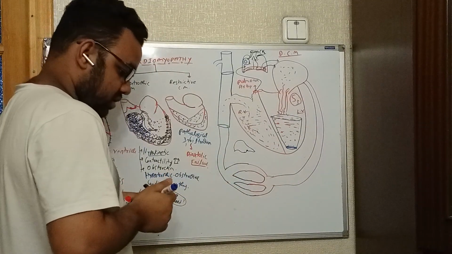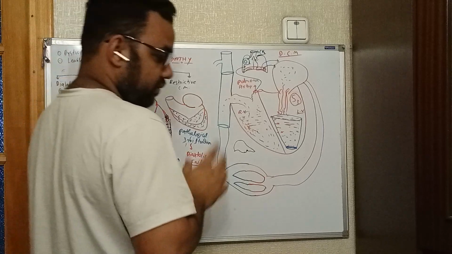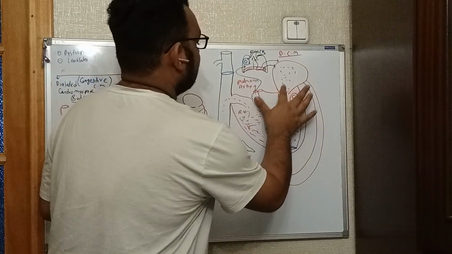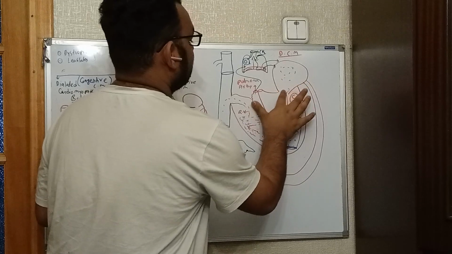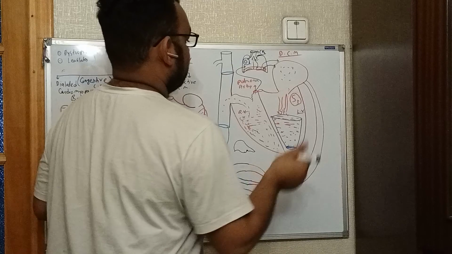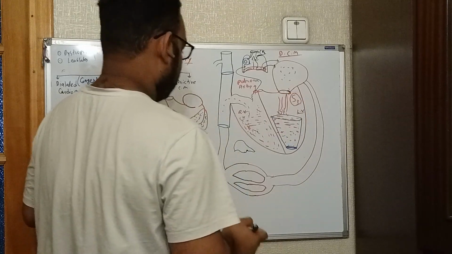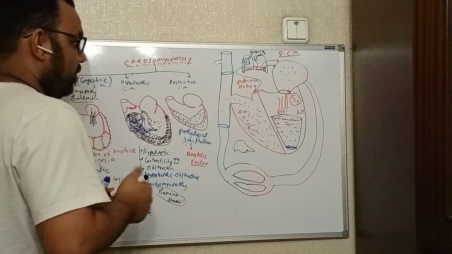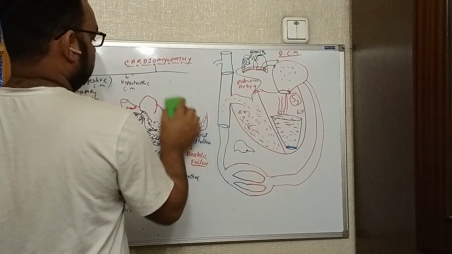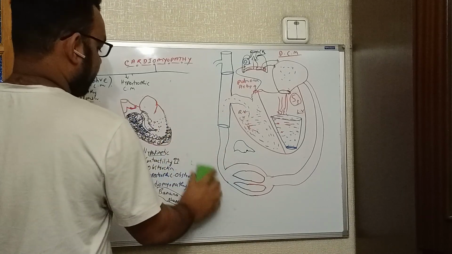Now we'll see what problem arises here. The very basic concept is that there is a presence of valves. If we talk in these terms, there is a mitral valve, for example. Let me erase this part for understanding purposes.